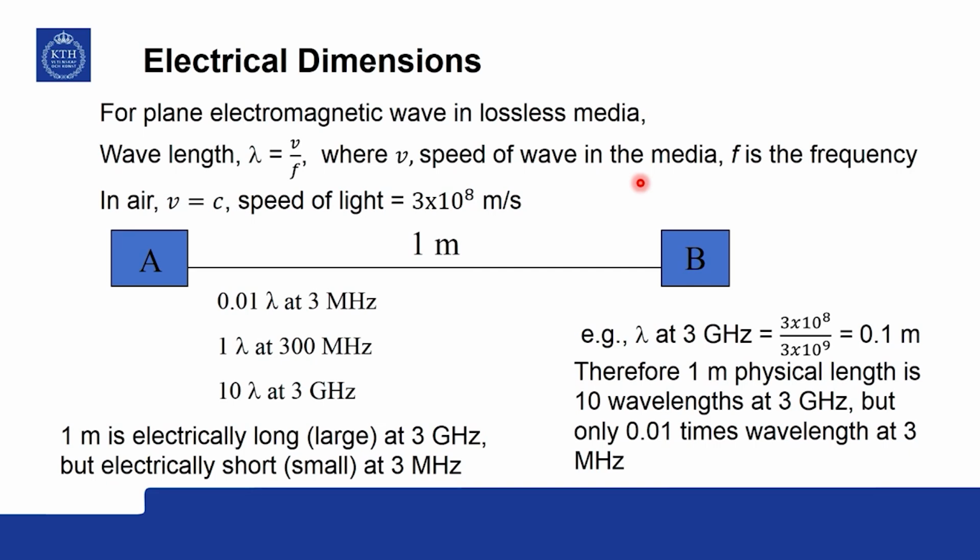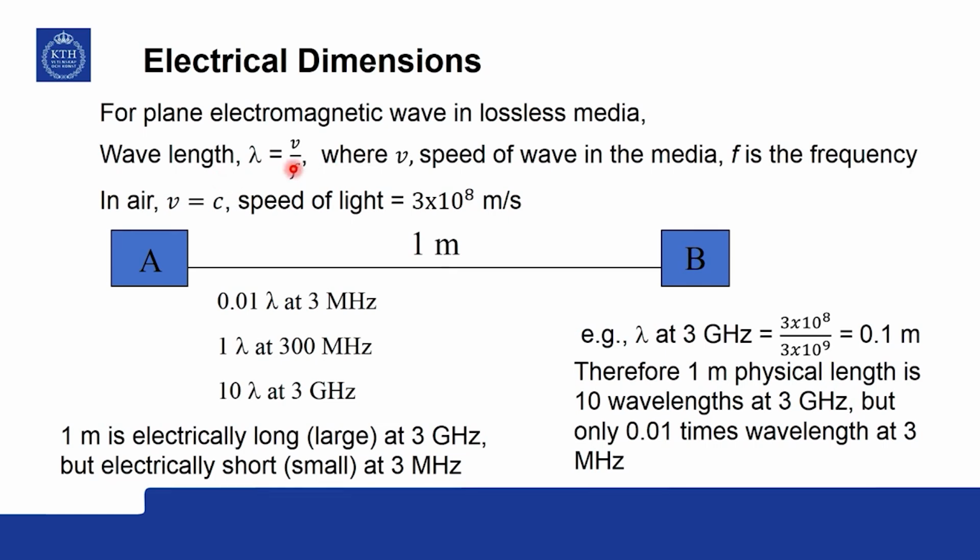In air, v is the speed of light, 3 into 10 to the power of 8 meters per second. Frequency is the number of cycles per second. So, you can see that the wavelength is given in meters.